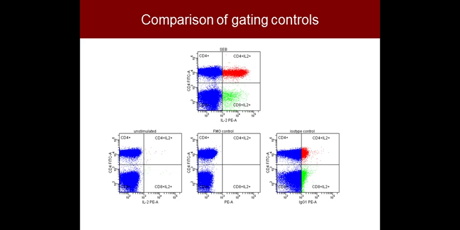Or what I've seen some people do is throw all of their isotype controls into one tube. So they have an IgG1 FITC, an IgG1 PE, an IgG2a PerCP, and that's their control. That really isn't very helpful in the multicolor world, because you definitely can have different levels of background between isotype controls and test antibodies, and you definitely do not account for spillovers when you're doing something like all isotype control antibodies in one tube.